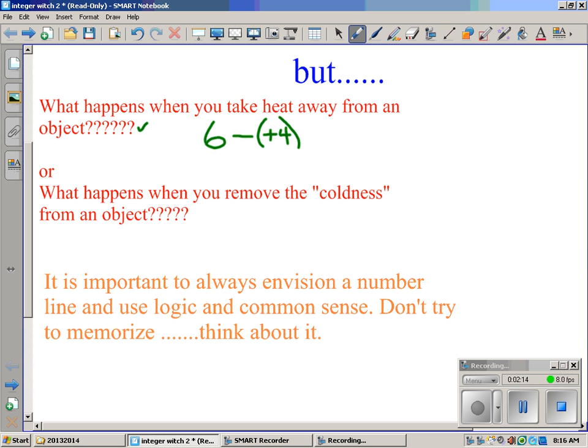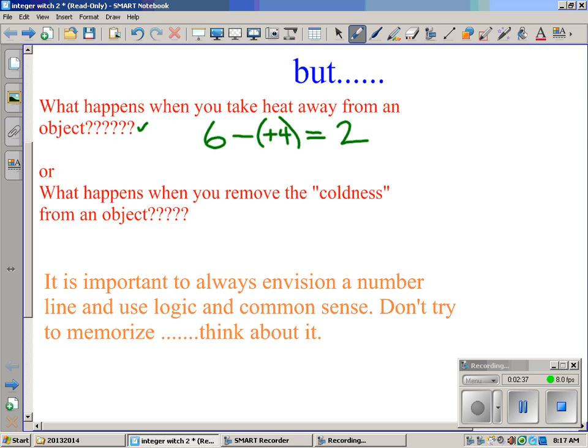If you take heat away from something, it is going to be colder. And we're going to get into a whole little scenario very shortly about a witch and a magical cauldron and all this sort of stuff. But basically, if you take heat away from a mixture, it's going to get colder. So this answer here, where it's 6, it will be 2. It's gone down in temperature.